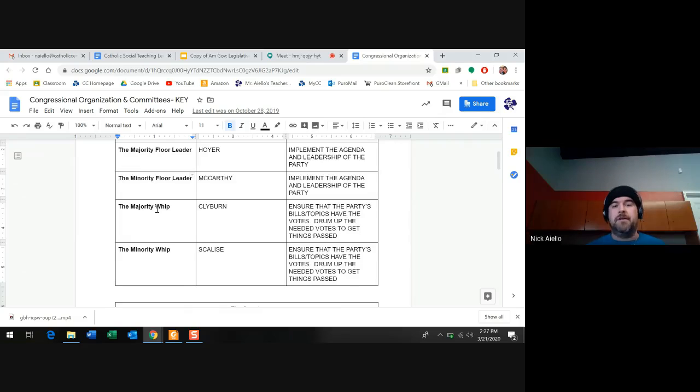That could be negotiating, that could be making promises. It could be whatever they deem necessary to try to drum up votes. If you vote yes on this bill, we'll vote yes on your bill later on down the line, kind of negotiating, coming up with deals, various things. Walking that fine line between what is ethical versus not ethical to ensure that their bill gets passed.